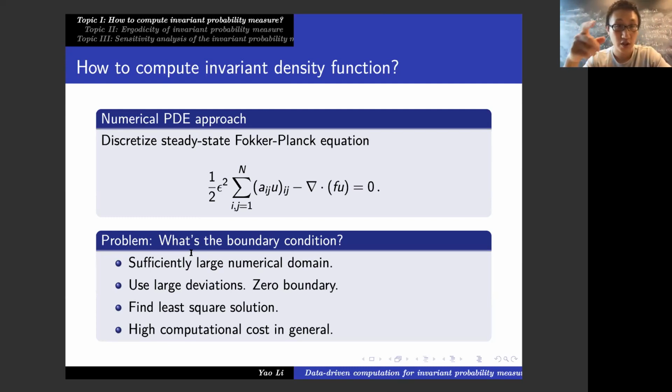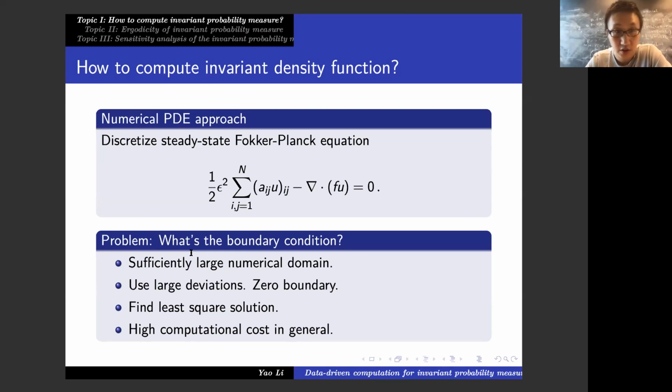By large deviations, if you are really, really far away, your density is really, really low, so let's just assume that it is 0. But then a 0 boundary gives you the 0 solution, which is not good. Actually, we are looking for the first eigenvalue. So you have to add a constraint that the integration is 1, and then it becomes a least squares problem, and you solve for a least squares solution.